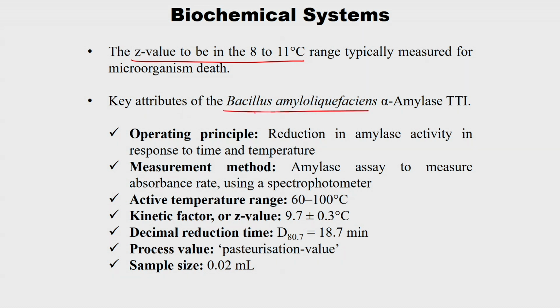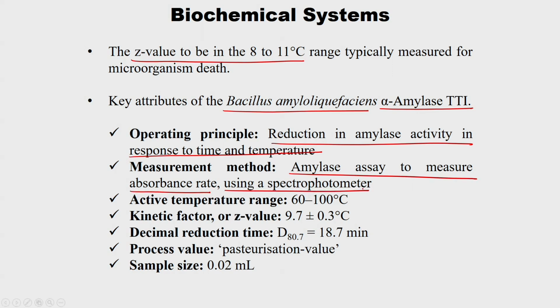The key attributes of Bacillus amyloliquefaciens alpha amylase TTI: the operating principle is reduction in amylase activity in response to the time temperature, with an amylase assay to measure the absorption rate using a spectrophotometer. I already told it, in the silicon tube the amylase is put and implanted in the testing zone, and I will use the syringe and take the amylase at different times. Then I will check for the amylase activity using a spectrophotometer at the particular absorbance.